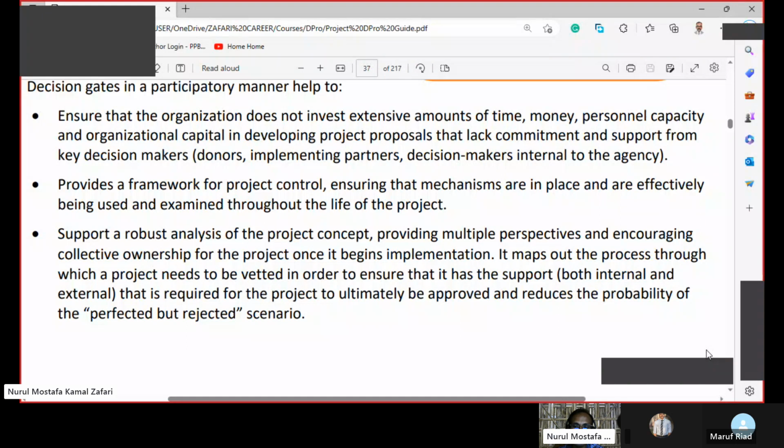It maps out the process through which a project needs to be vetted in order to ensure that it has the support, both internal and external, that is required for the project to ultimately be approved, and reduces the probability of the perfected but rejected scenario.